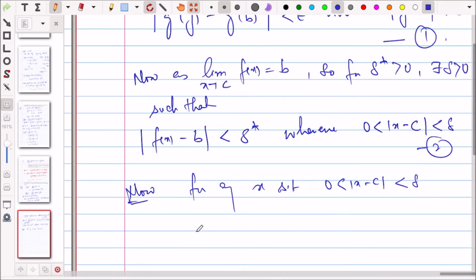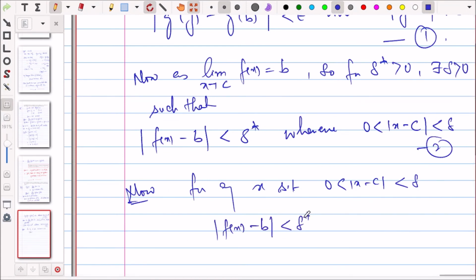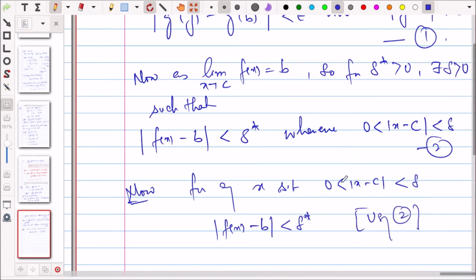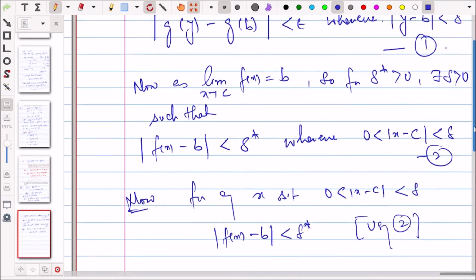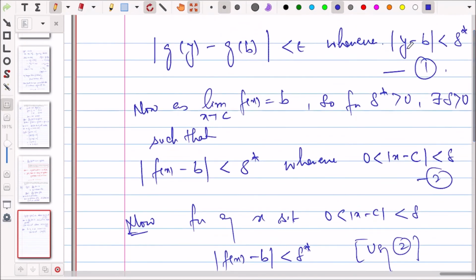from 2 we will have |f(x) minus b| is less than delta star, because x satisfies this property. Now |f(x) minus b| is less than delta star, so f(x) is satisfying this condition, and in place of y we can put f(x) here.